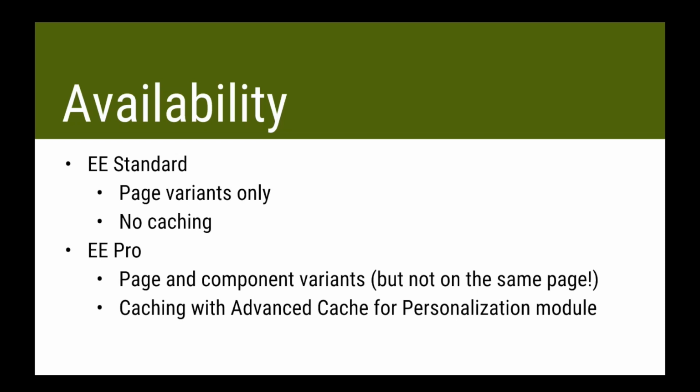This has nothing to do with licensing, and we're not trying to make it complicated for you. Instead, we're trying to make it easy for editors, because when you combine page variants and component variants within those page variants, you can come up with very complex scenarios that are hard to understand. They're hard for editors and digital marketers to understand what gets served when.